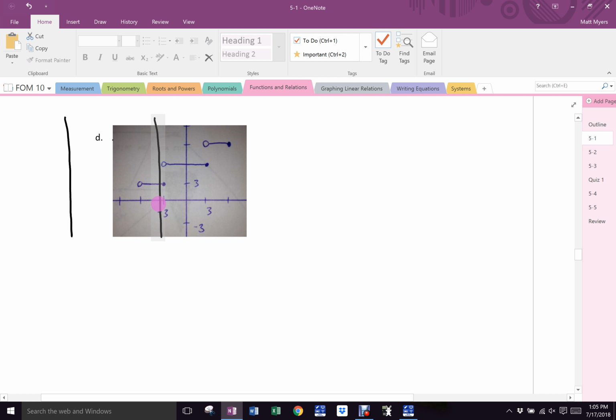Once. Look closer. What is that open dot? Does it exist? So am I hitting it once or twice there? Only once. So this is still a function because of the open dot.